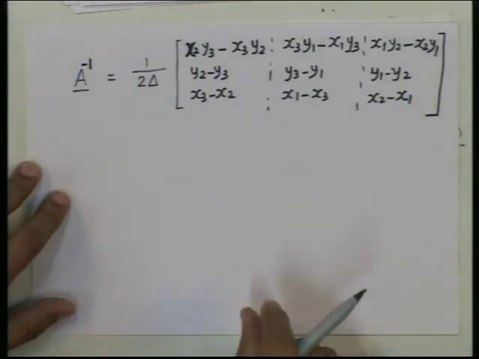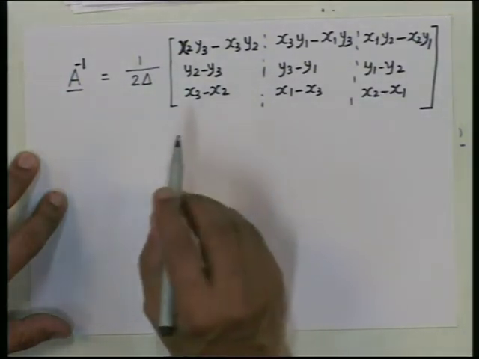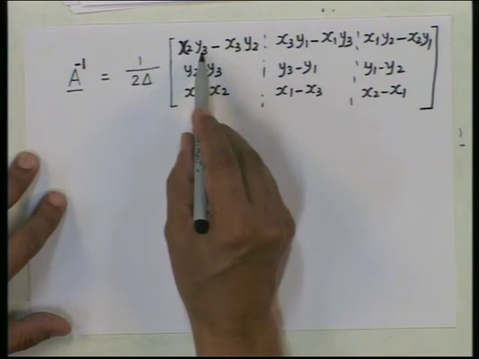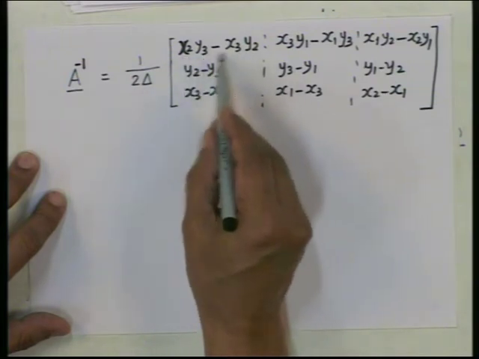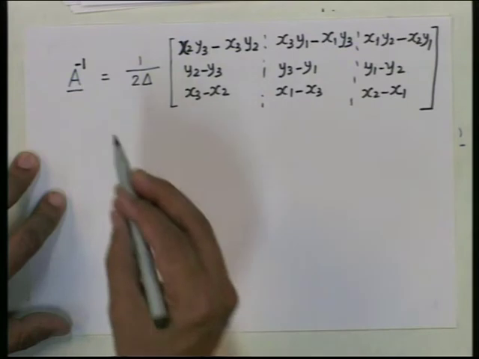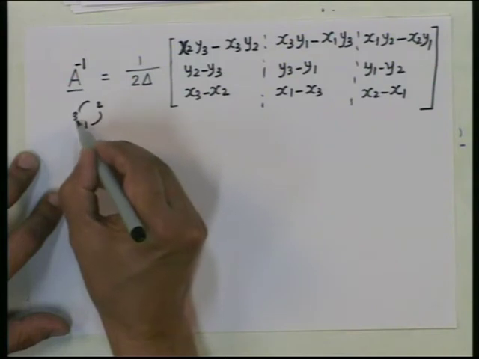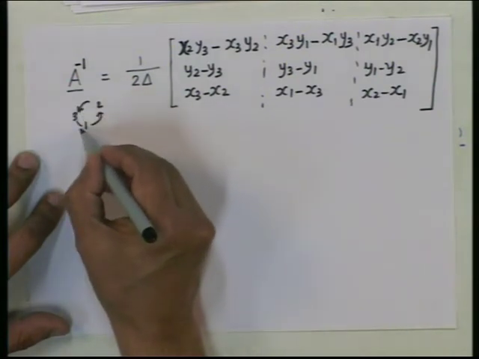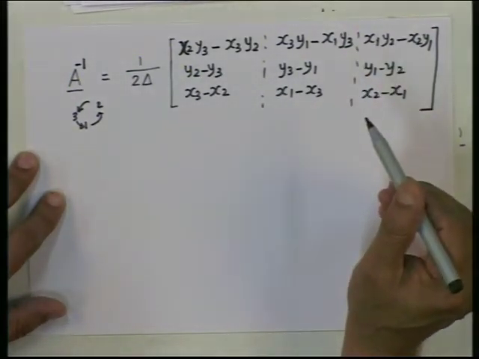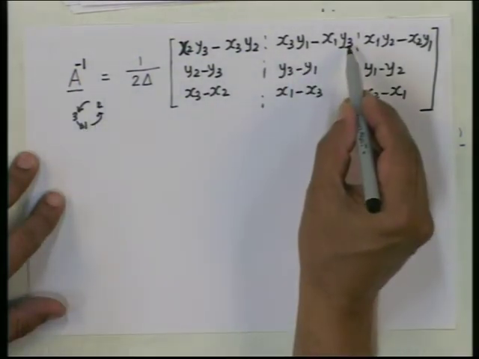Now, these are not difficult to remember, or of course, you can always compute. If you see these coefficients carefully, the first here is x2 y3, 2 3, and then 3 2, between x and y there is an exchange, then 2 2 3, then 3 2 1. So it is cyclic, all 1 2 3, it will always move only like this. Here it is x3 y1, 3 and 1, and 1 and 3, changed.